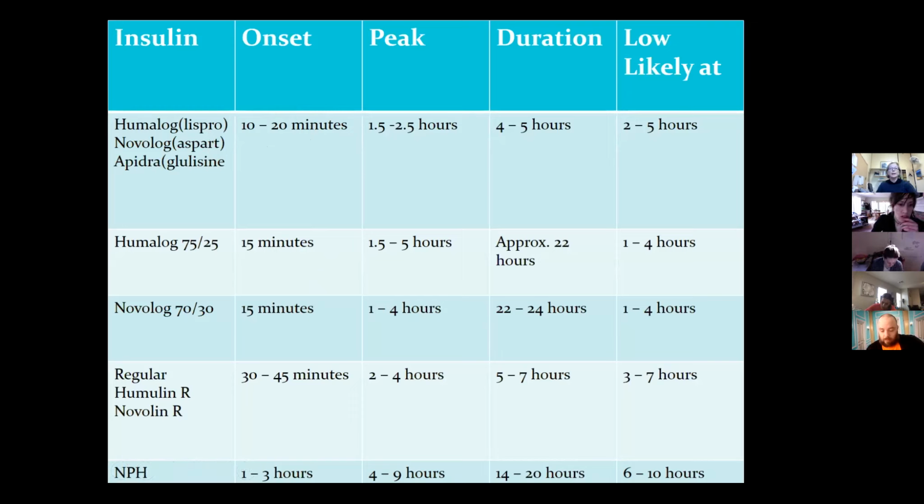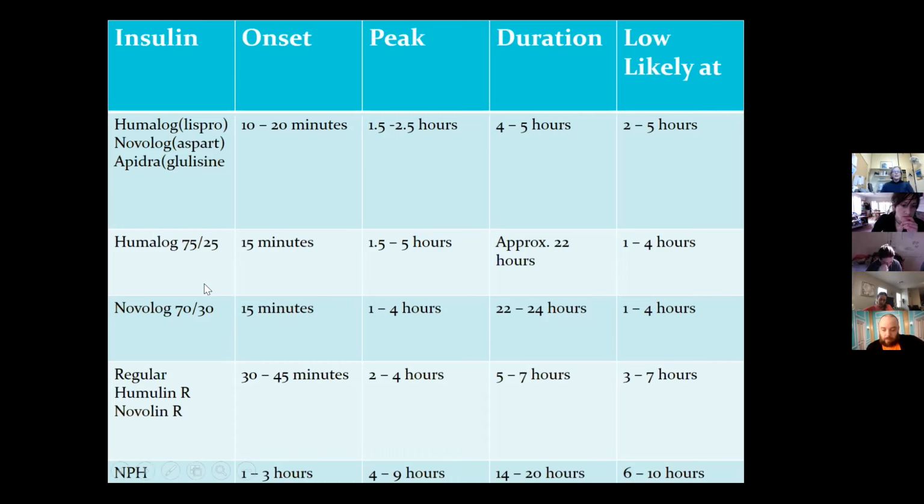It's going to peak at an hour and a half to 2.5 hours. By peak, I mean that's when it is working at its most, lowering blood glucose the most at that point in time. And then it has a duration of 4 to 5 hours.